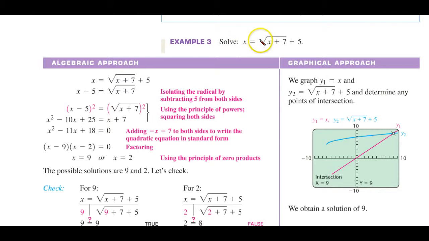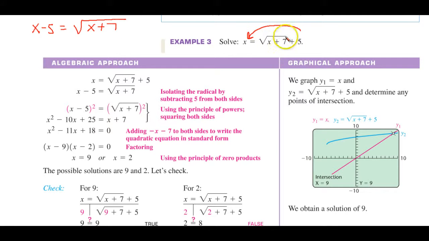So it's to solve this. Well, here, what you want to do is to bring this 5 over to the other side, and we get x minus 5 equals the square root of x plus 7.